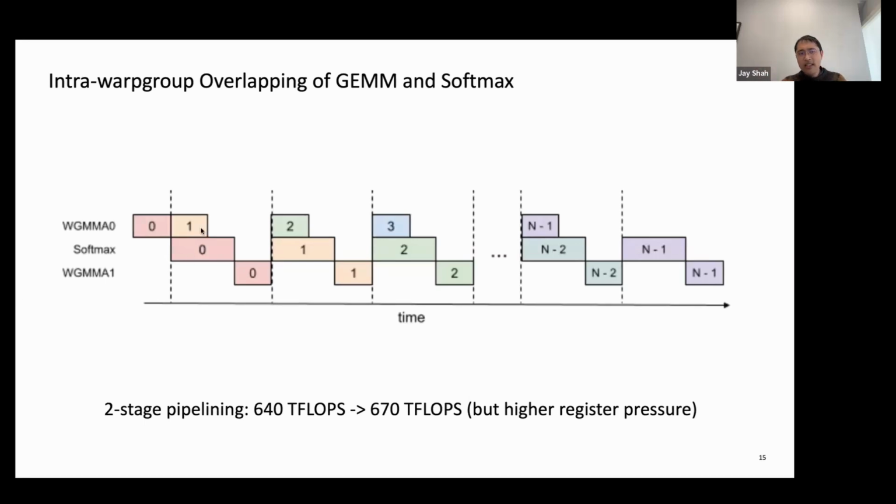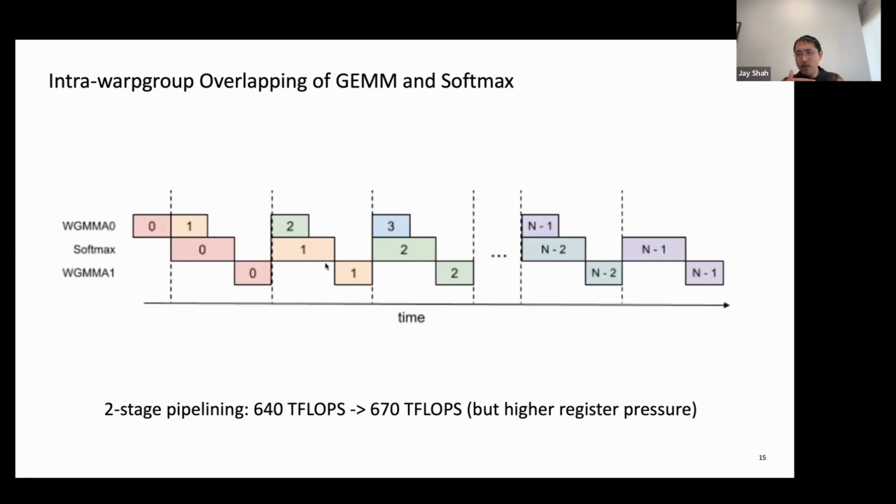What's going on here is that I have to break the dependencies implicit in the attention computation, where I do my first GEMM to get the scores tile, then do softmax on that output, and feed that into the second GEMM. Instead, I can maintain a separate register buffer and have softmax execute on the prior stored register buffer, overlapped with the first GEMM for the next iteration of the main loop.